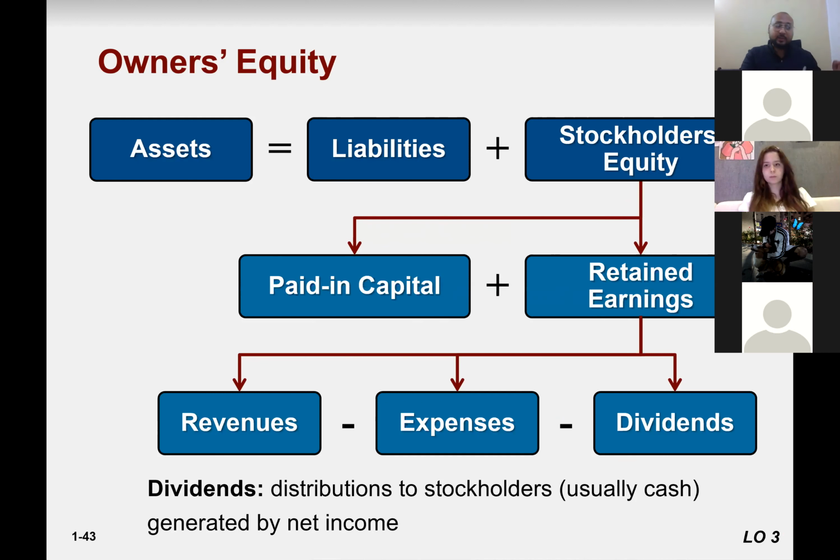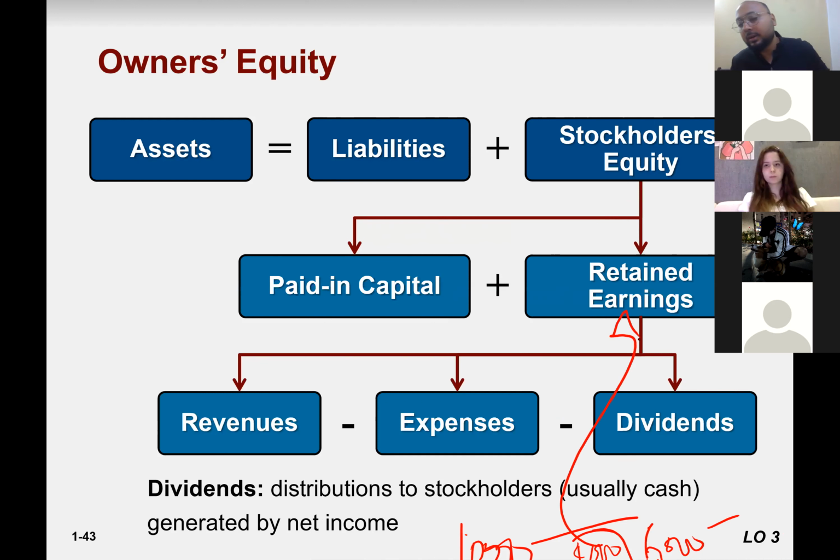When the business shares the profit with the owners, we call this dividend. If the company earned a profit of 10,000, but distributed only 6,000 to the owners, it means 4,000 it did not distribute. That doesn't mean that 4,000 does not belong to the owners. It belongs to the owners, but the company retained that. So that's why it is called retained.